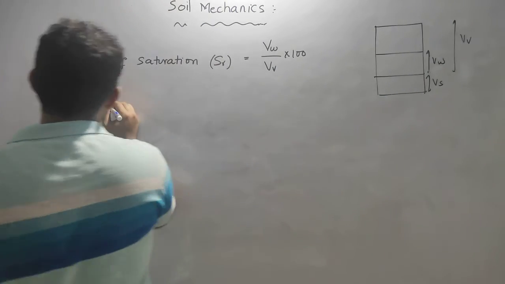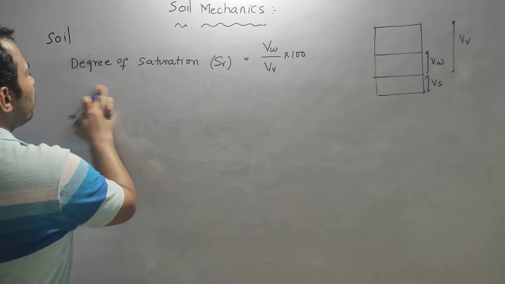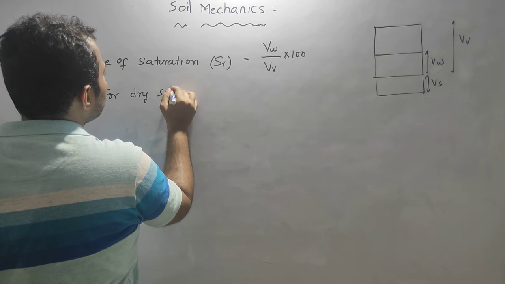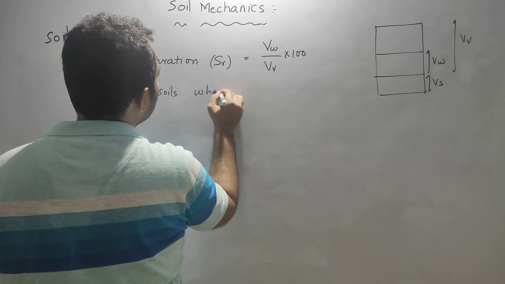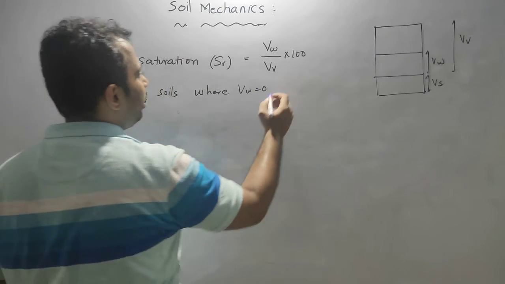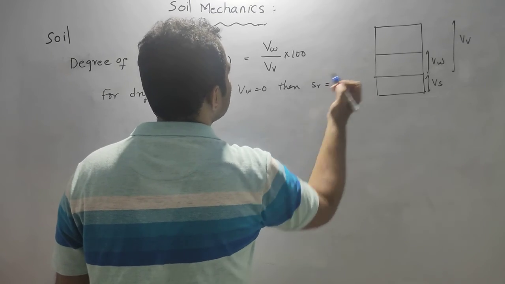So for dry soils, where Vw is equal to 0, then Sr is equal to 0%.